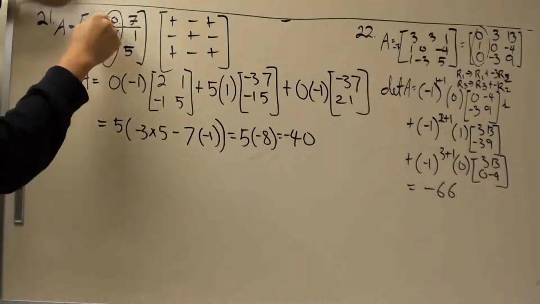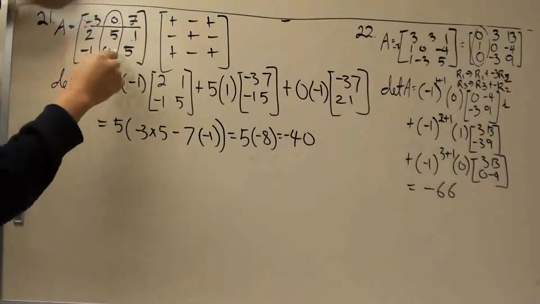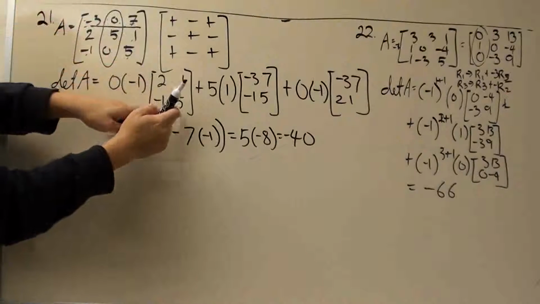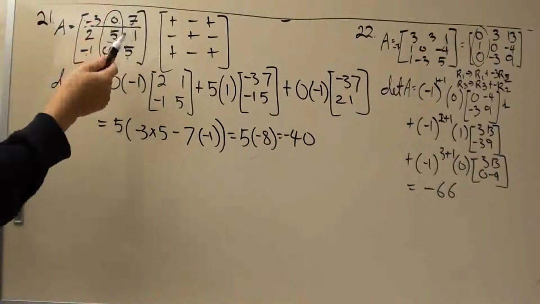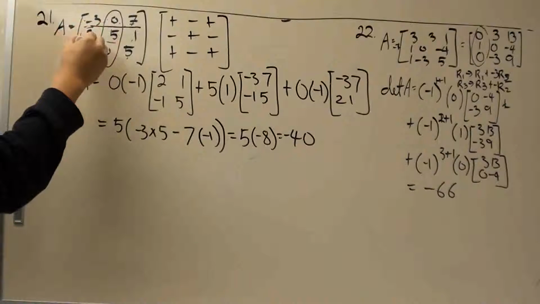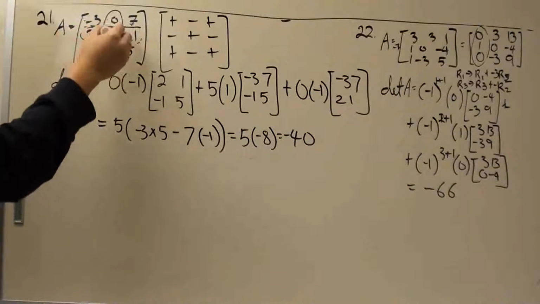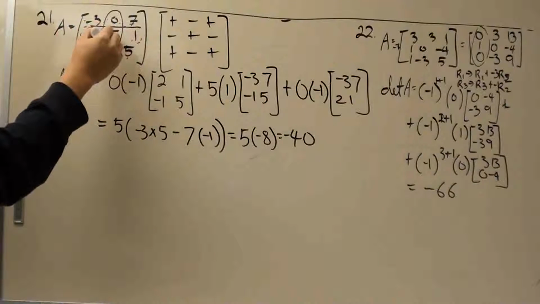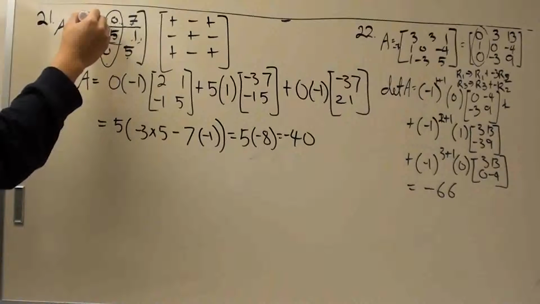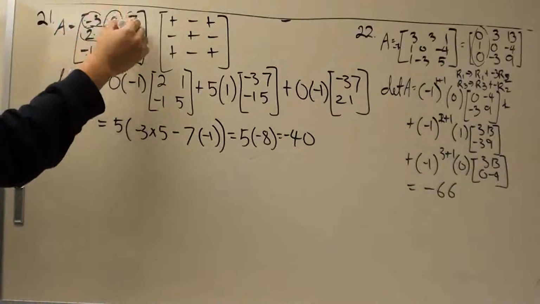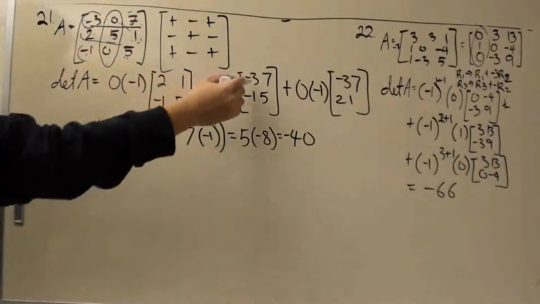Anything that doesn't touch, so 2, 1, negative 5, goes right here. For the 5, because we're now looking at the second row, the 5 is touching the second row, same column. In that case, we're going to be using negative 3, 7, negative 1, and 5, as shown here.